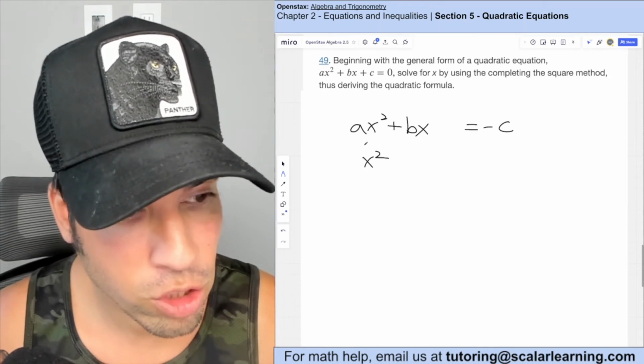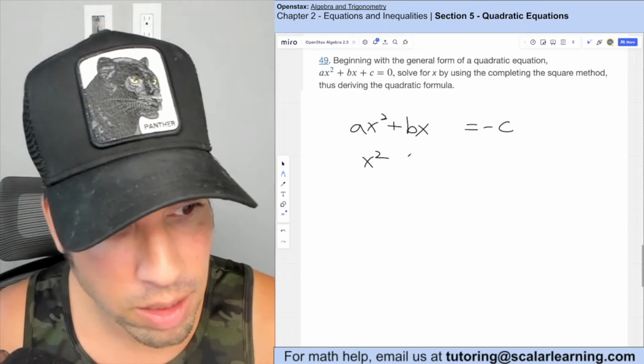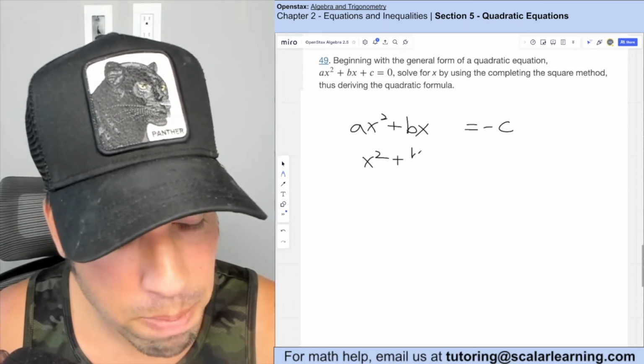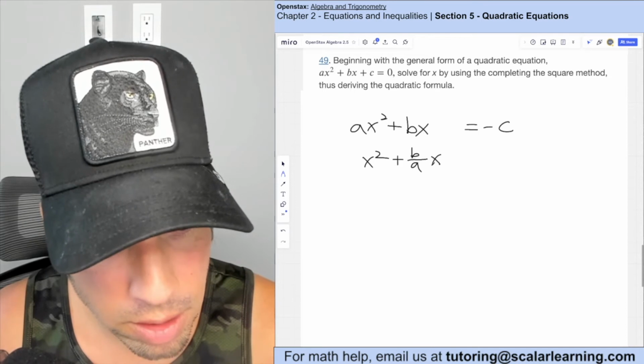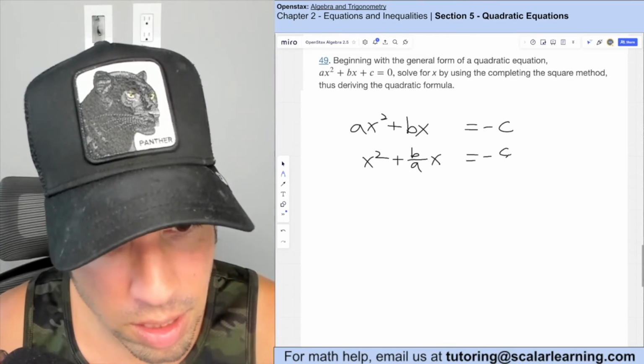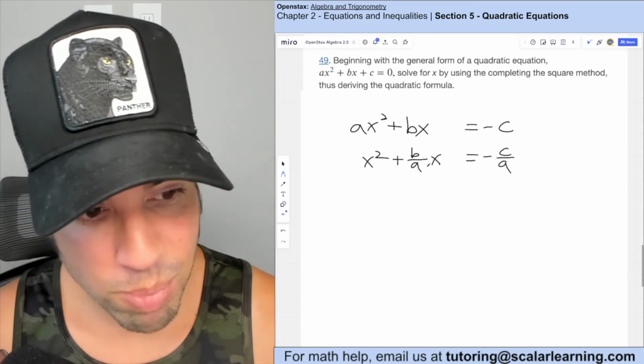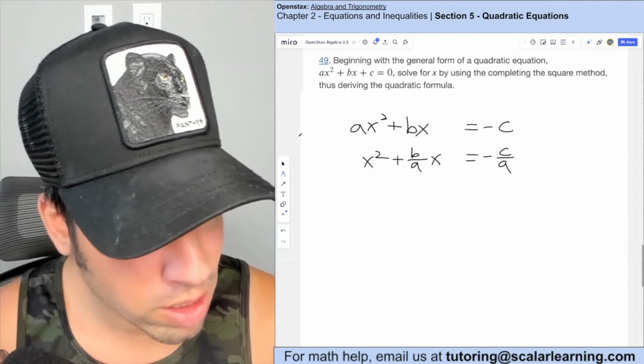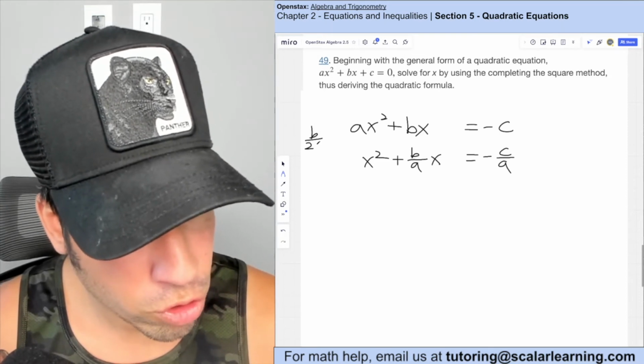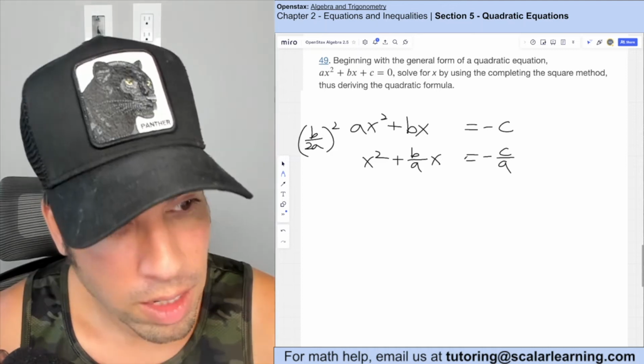So now I've got x squared, right? The a goes away. A over a is just 1. Plus b over a x equals negative c over a. Now as we're completing the square, we're going to take half of this, which is b over 2a, and we're going to square it. And I'm going to add that to both sides.